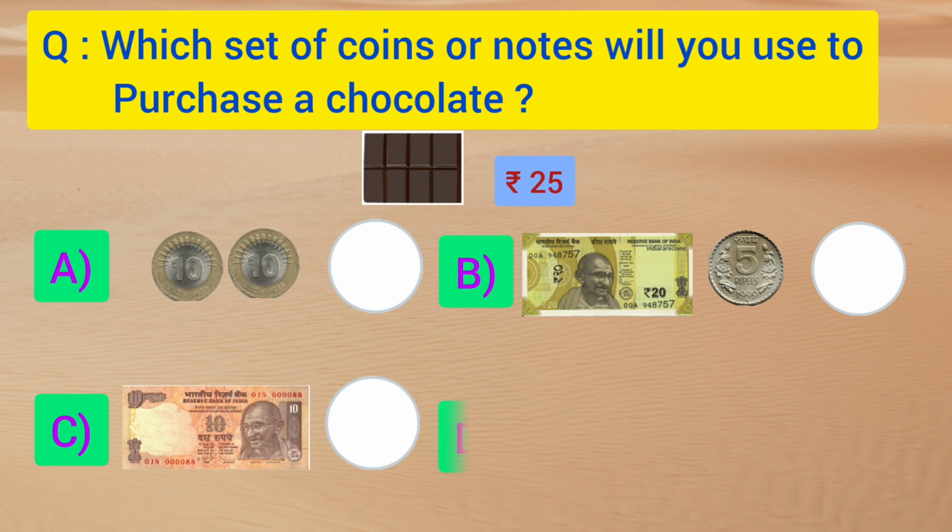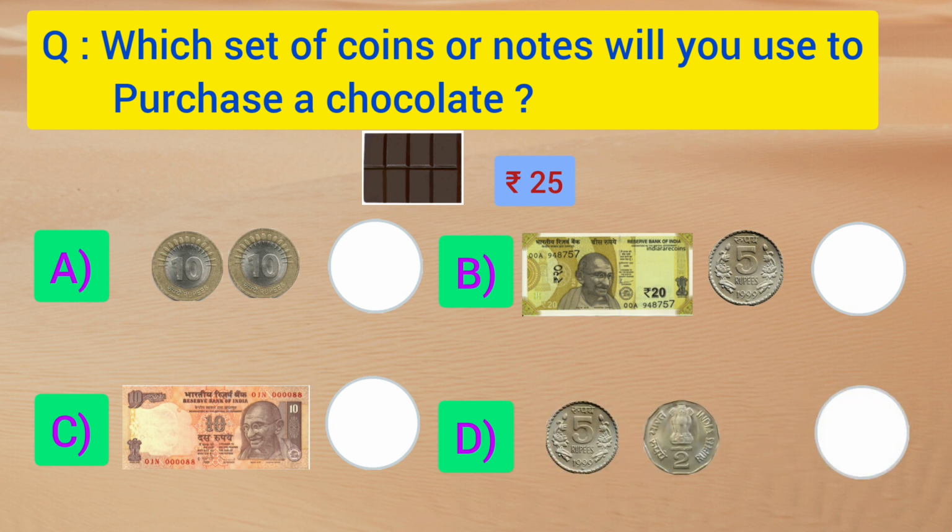And in option D, we are given one 5 rupee coin and one 2 rupee coin, which combine to form the value rupees 7. So which is the correct answer? Yes, it's given in option B, rupees 25, because the price of our chocolate is rupees 25. So let's tick option B, rupee 25.